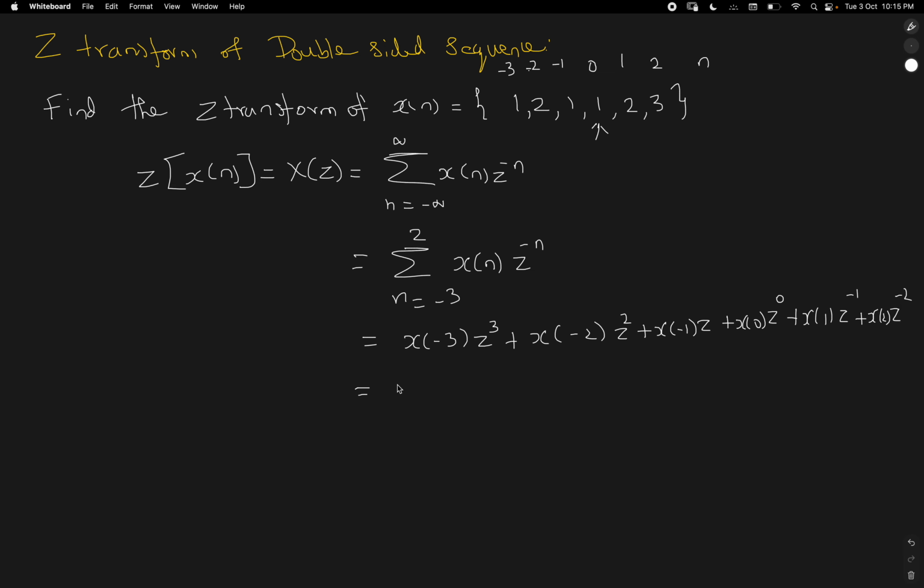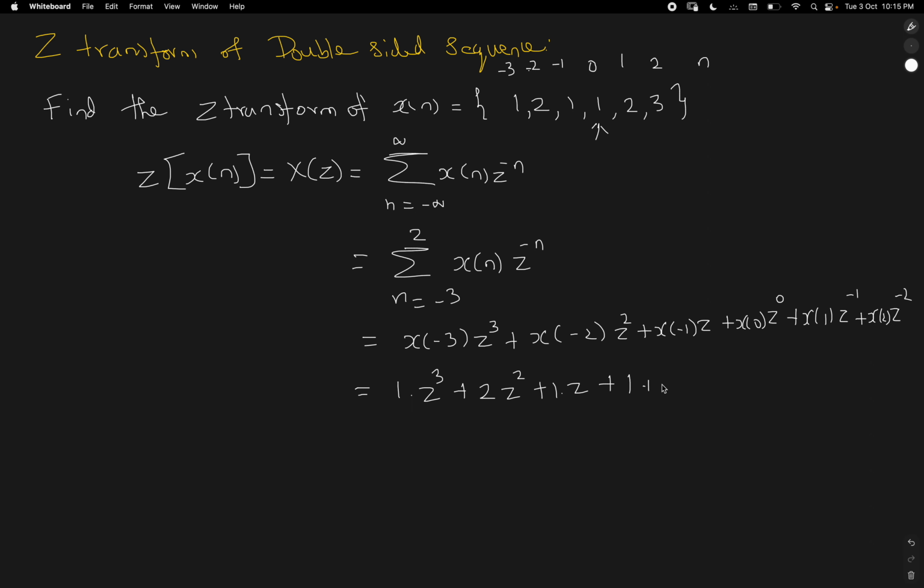We know the values of x of minus 3, minus 2 and so on. I am just replacing the values. So this becomes 1 into z cube plus 2 into z square plus 1 into z plus 1 into z power 0 equal to 1.